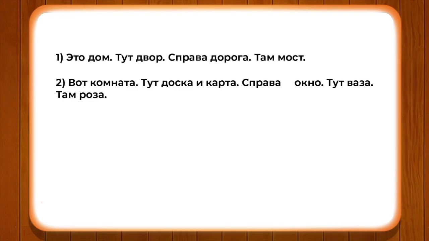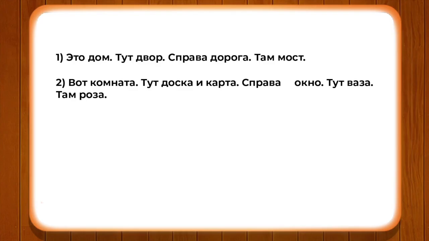For example, the first one, "Это дом," this is a house, "Тут двор," "Справа дорога," "Там мост." Here we know dvor means courtyard, doroga means way, tam means there, most means bridge.